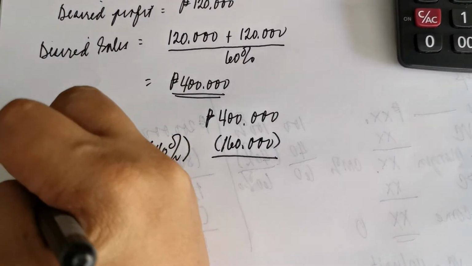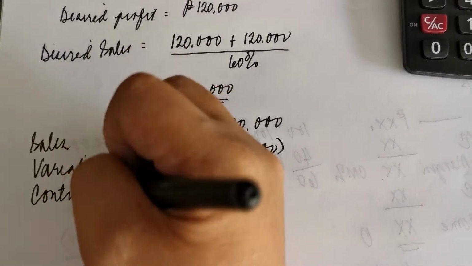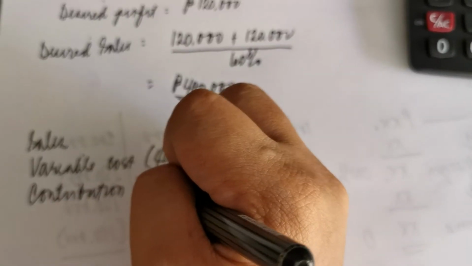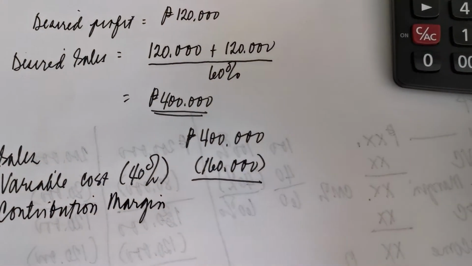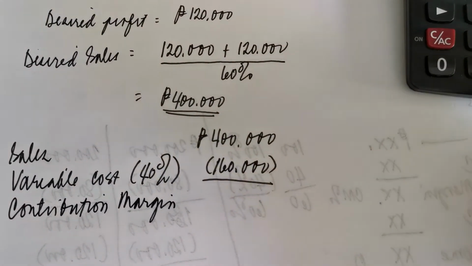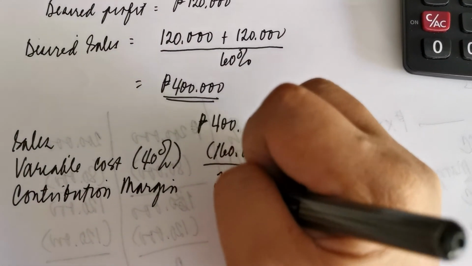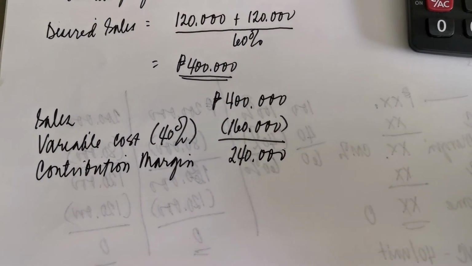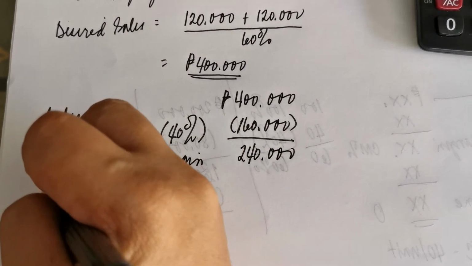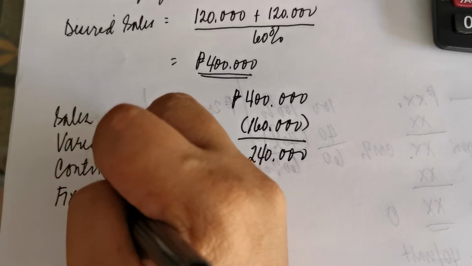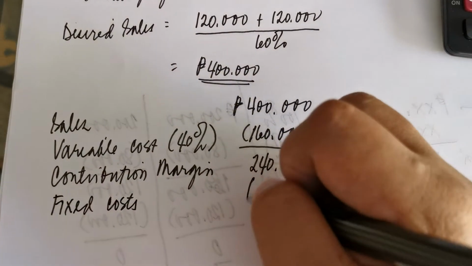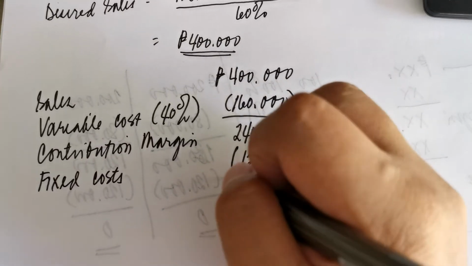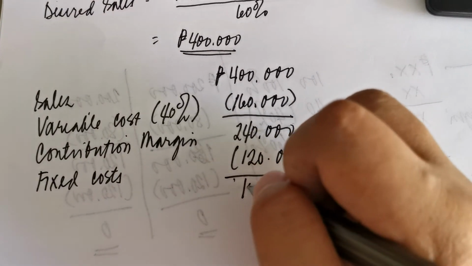Therefore, the contribution margin now is 400,000 less 160,000. That's going to be 240,000. So that is the contribution margin. We less our fixed cost of 120,000. So therefore, the net income is 120,000.